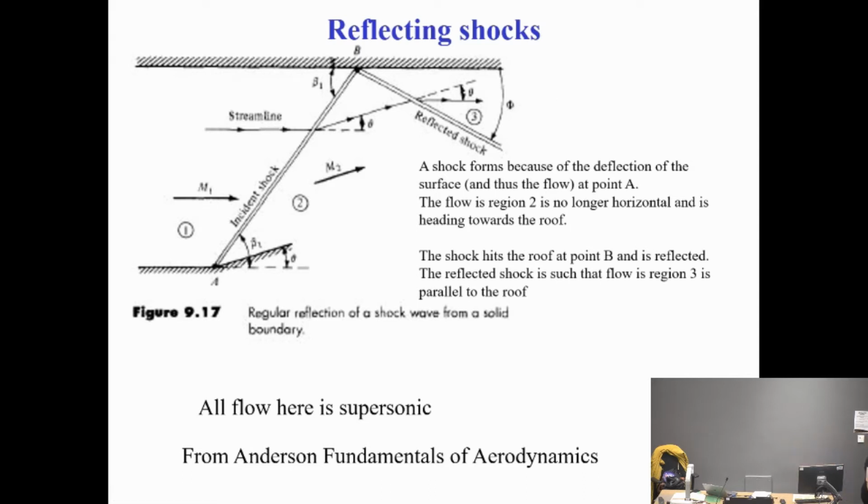So the angle that we can get out of that gives us the shock wave angle from the reflected, and that equals theta, which we already know. Take that away, and that would give us the angle that we would draw that reflected shock at, if you weren't using a computer. Okay, so that means that if you know how to operate this, you know how to do reflecting shocks as well.